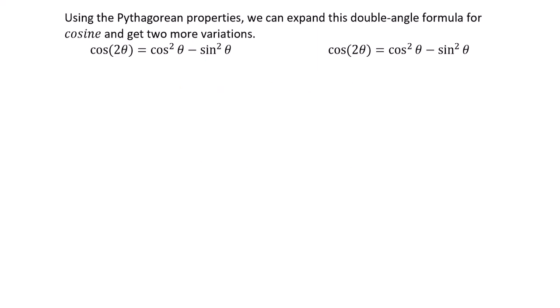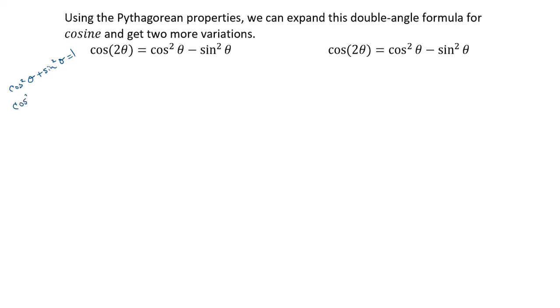Concerning the cosine of 2 alpha identity, we can use the Pythagorean properties and expand the double angle formula for cosine and get 2 more variations of cosine of the double angle. Remember that the cosine squared of theta plus sine squared theta equals 1.